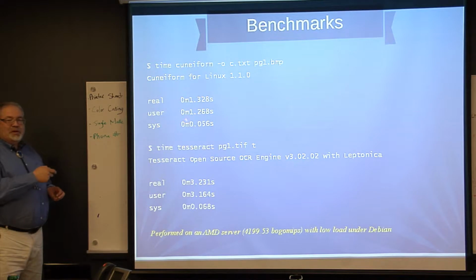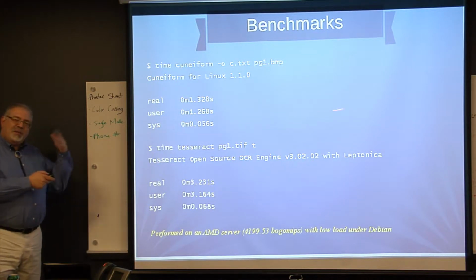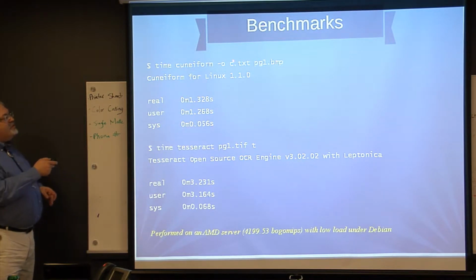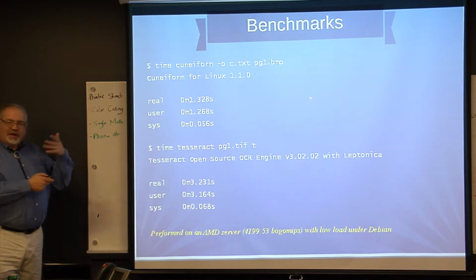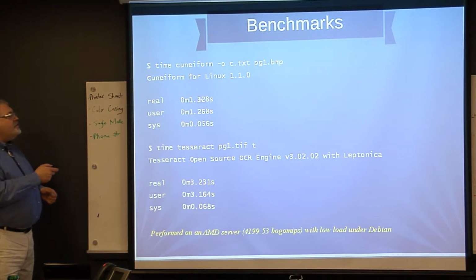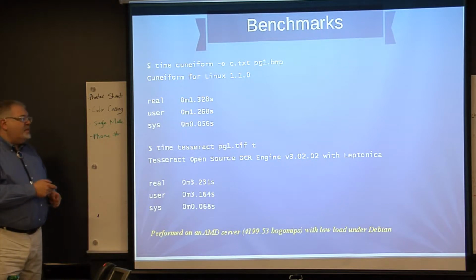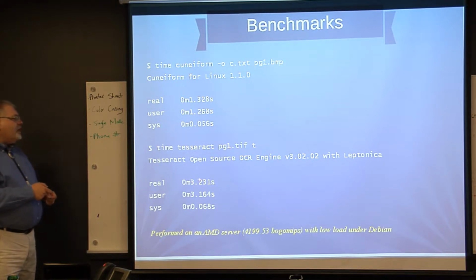That's a very cool command in Linux, so you can time anything. And these are just single runs, so if I was really doing real benchmarks, I would have run 1,000 times and averaged. But it looks like it's taking roughly 1.3 seconds real time for CuneiForm and 3.2 seconds for Tesseract for the same exact input, except that you have to convert to a TIFF file instead. And these also are enormous files. But then you get a little bit more answers from it.